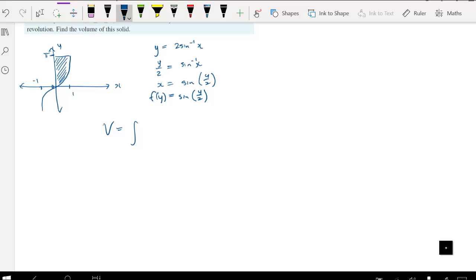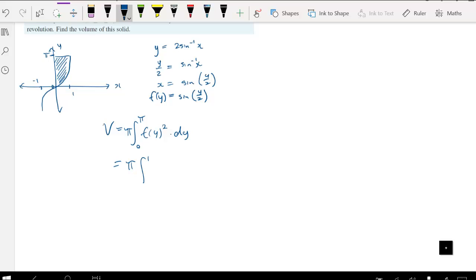So therefore our volume will be between the bounds pi and 0. We'll multiply by pi, and we've got our function f of y squared with respect to y.